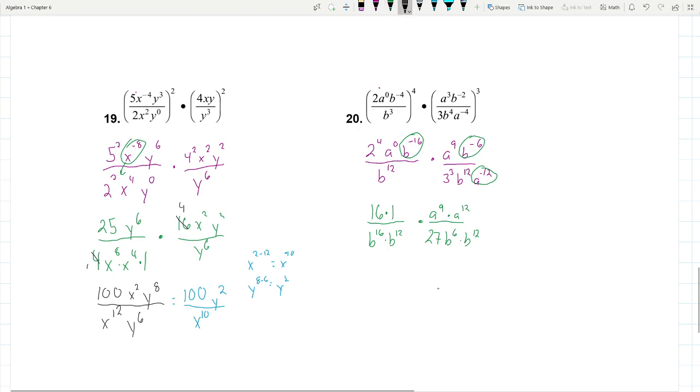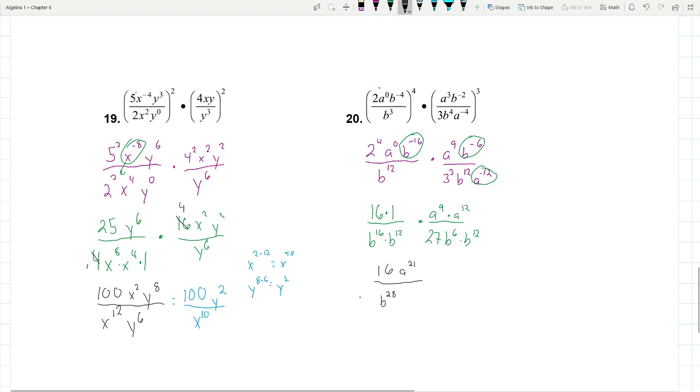Alright, now we're going to combine everything on the left side, combine the stuff on the right side, and combine the two together all at once. And so I have 16, a to the 9th, a to the 12th is a to the 21st. B to the 16th, B to the 12th, that's B to the 28th.